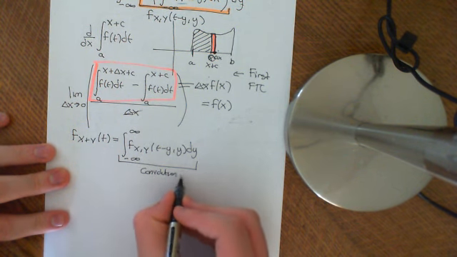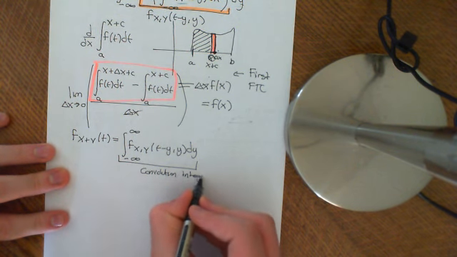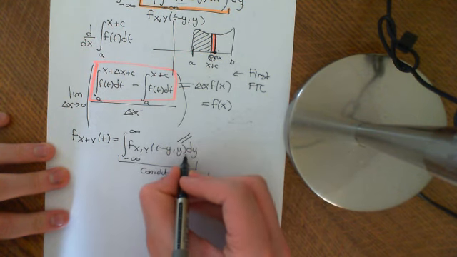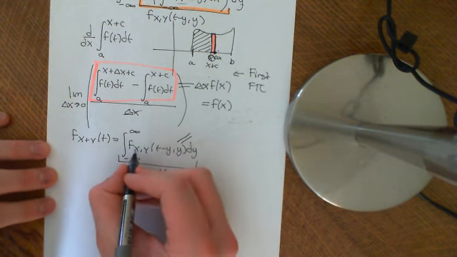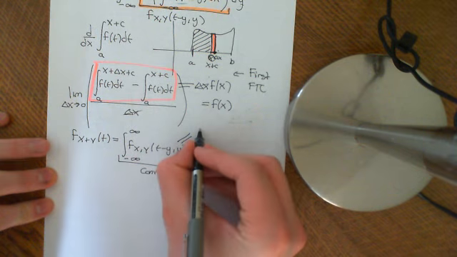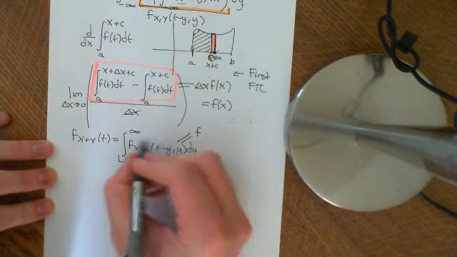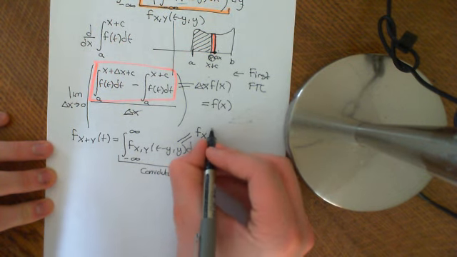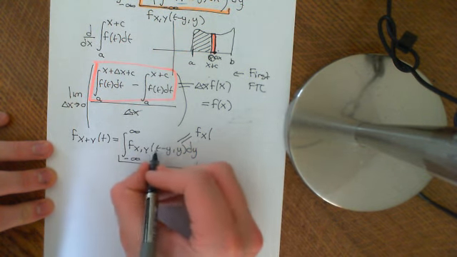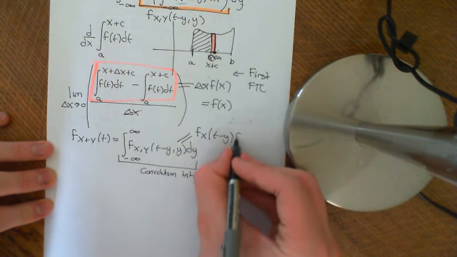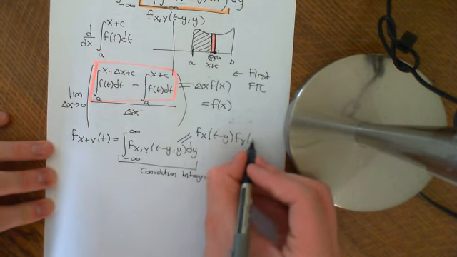You won't usually see it like this, because usually they will assume that the two random variables x and y were independent, and therefore this joint probability density function is just equal to the marginal evaluated at little x, which in this case is t minus y, times the other marginal of y evaluated at little y.